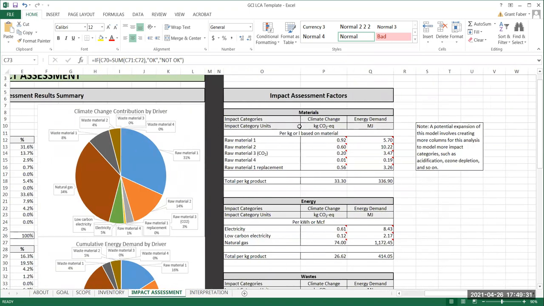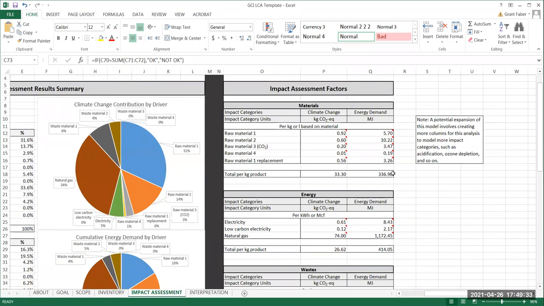But I want to talk about these impact assessment factors. So essentially, we have these different sections here: materials, energy, wastes, and we have these factors that one multiplies by whatever the corresponding amount of material or energy waste is in order to figure out, in this case, the level of emissions or the energy demand associated with that need of the process.